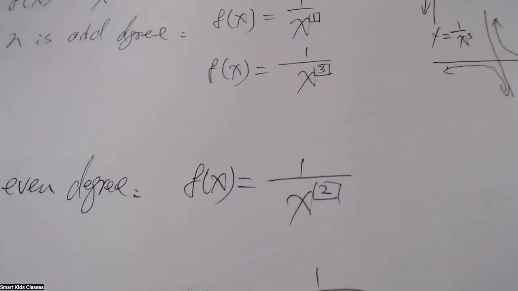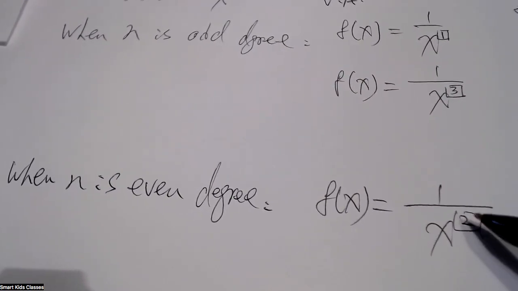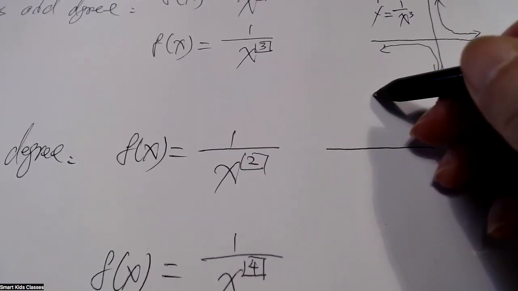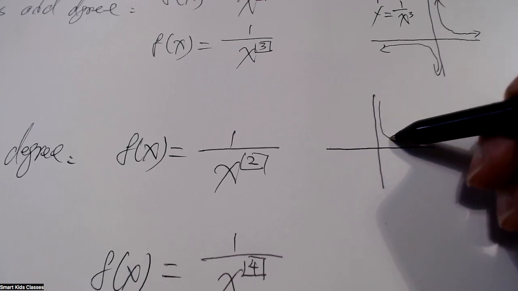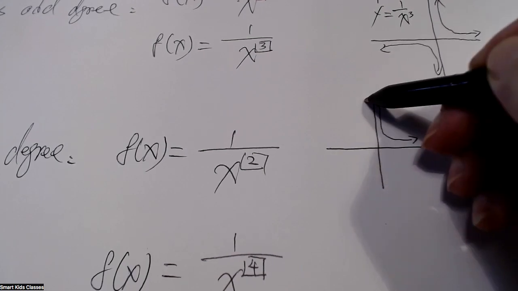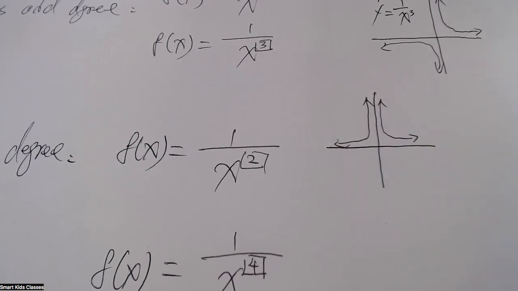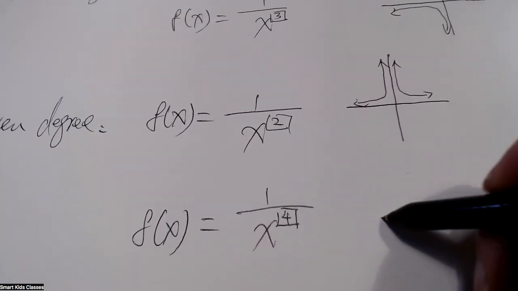Now we're going to move on to the even degree. So 1 over x to the exponent 2. The graph will be like that. If it's positive, so 1 here and 1 here. How about 1 over x to the exponent 4?